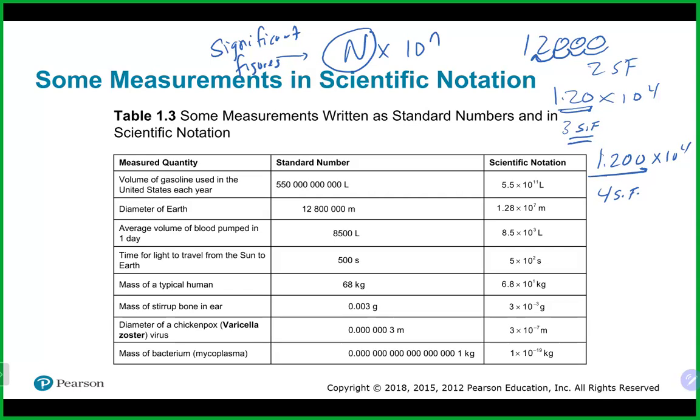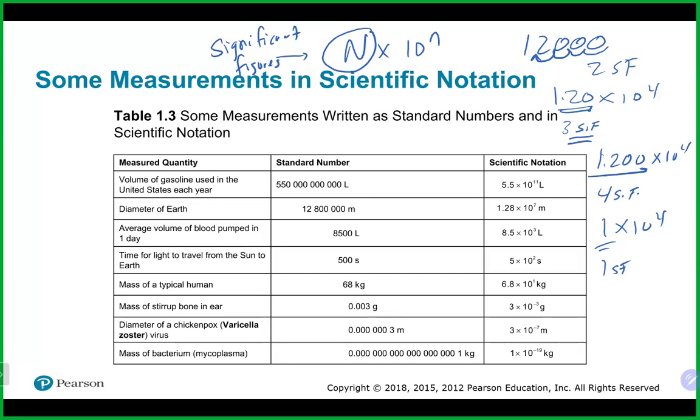And the nice thing is you can control how many significant figures you want. If I wanted 1 significant figure, I could just write 1 times 10 to the 4. So scientific notation is a technique that sometimes you will use because there's no other way to get to the right number of significant figures.